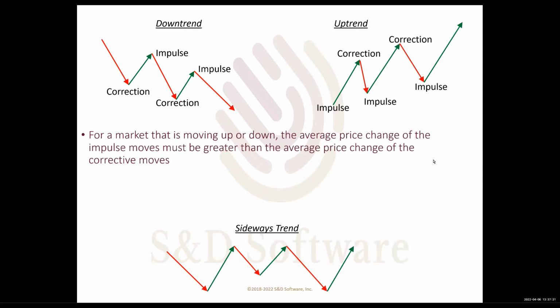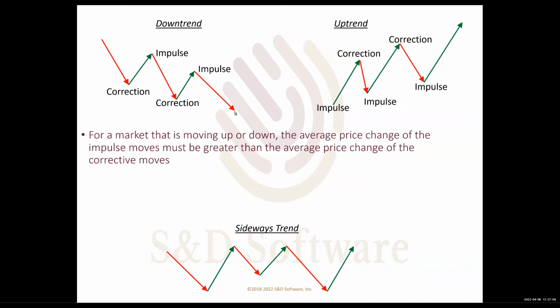Now, there's a couple of other things we can note about trends in general. If you do have a market that is trending, that means that price is making progress in a given direction. So if we look at this downtrend here, we can see how price is making progress downwards, and we're reaching successively lower prices.